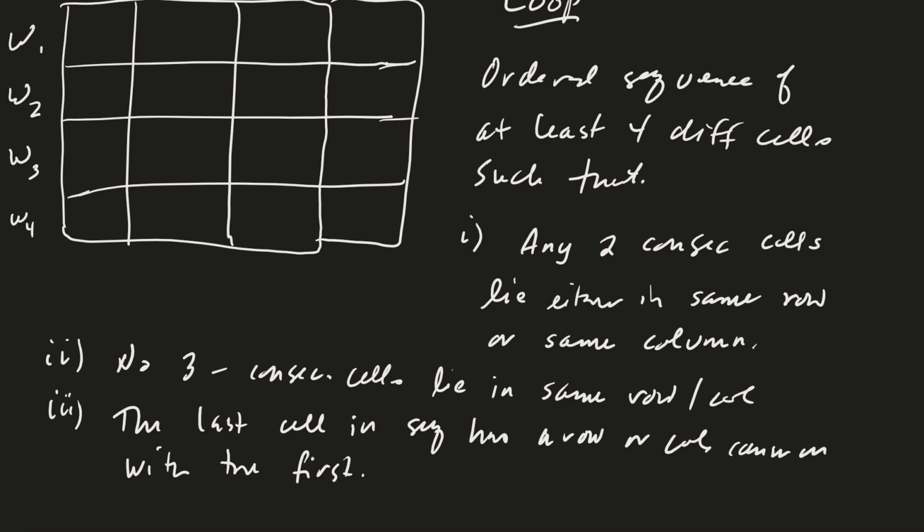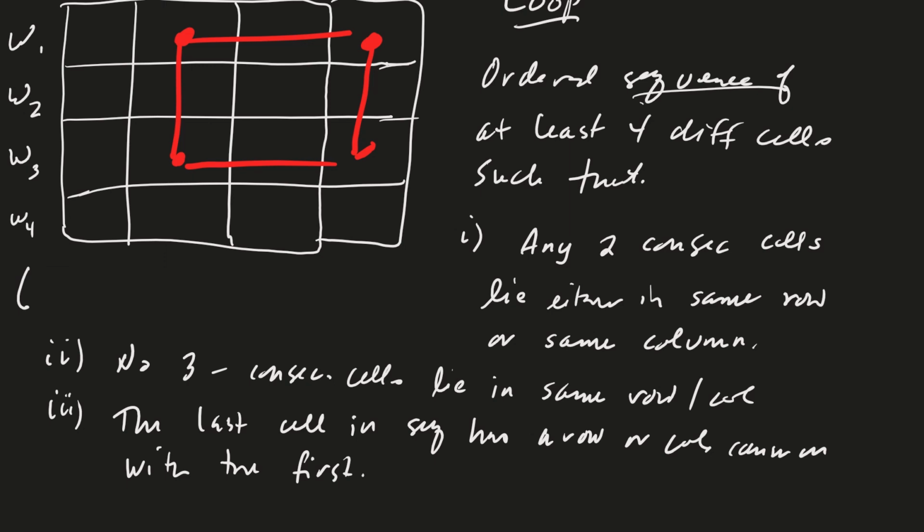So let's say that our cells are, let's say, this cell, this cell, this cell, and this cell. Okay, and so what is the ordered sequence that I have here?